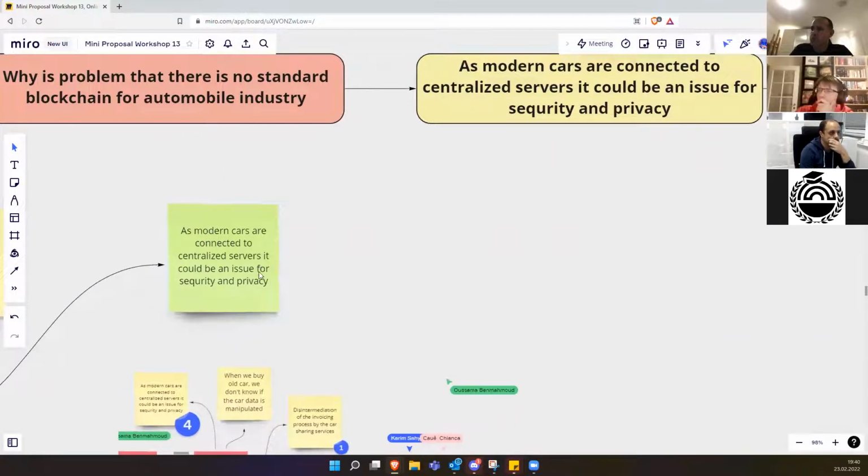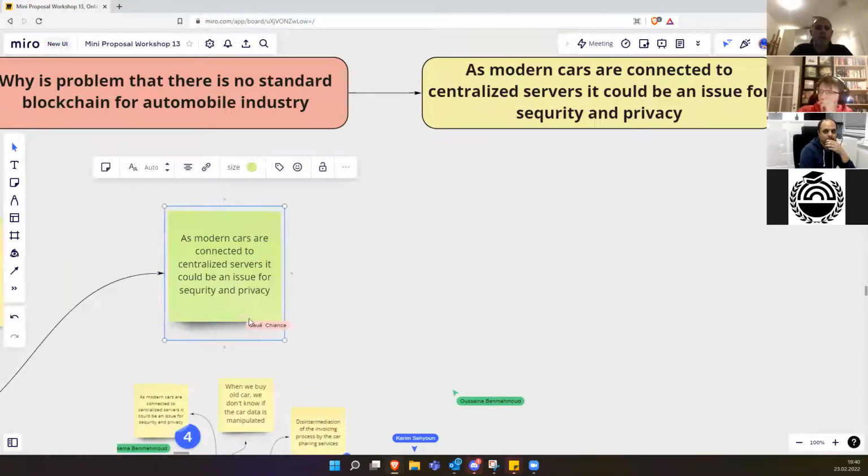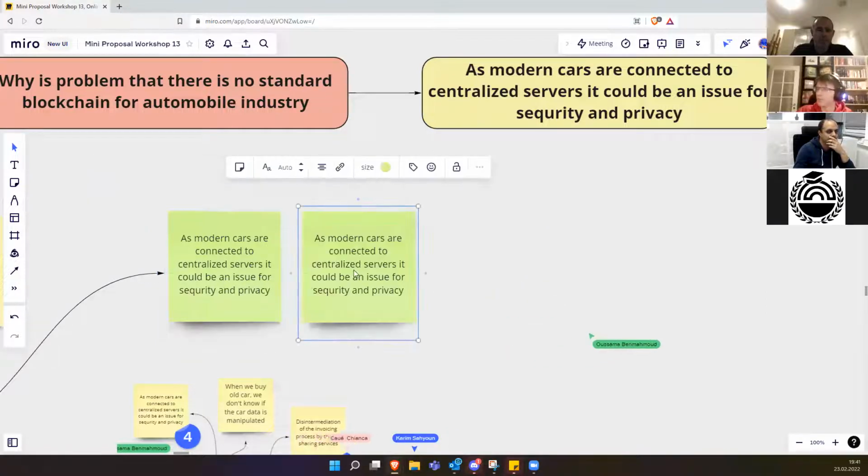So, the one that has 4 votes? Yes: modern cars are connected to centralized servers, which could be an issue for security and privacy. I would improve it slightly by saying modern cars have become highly connected devices that require more data security and privacy.